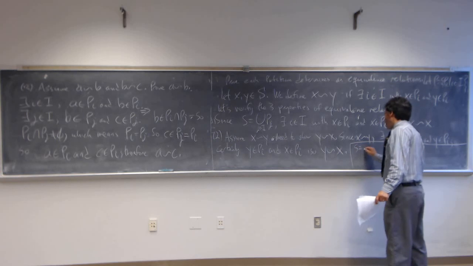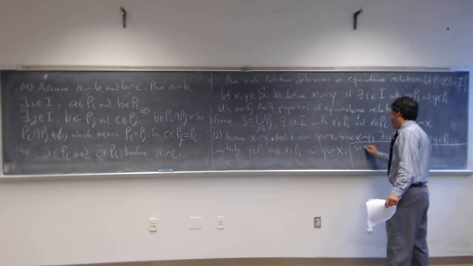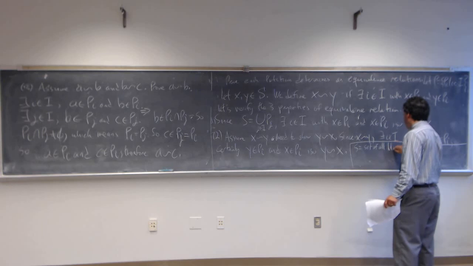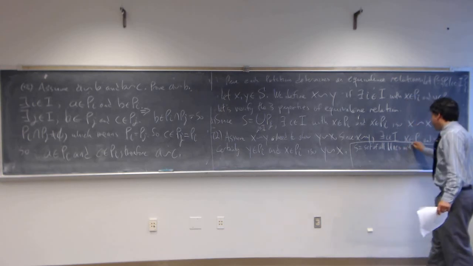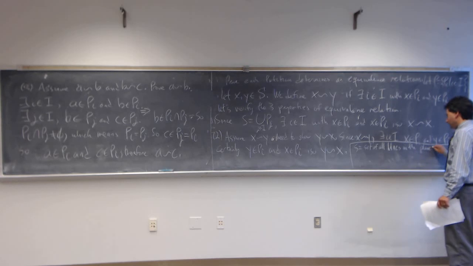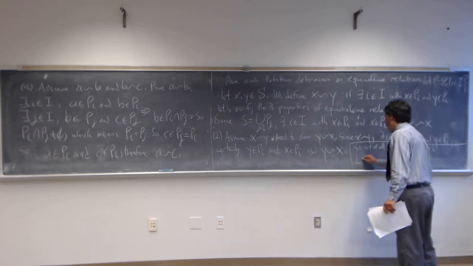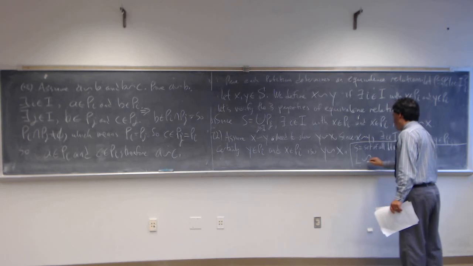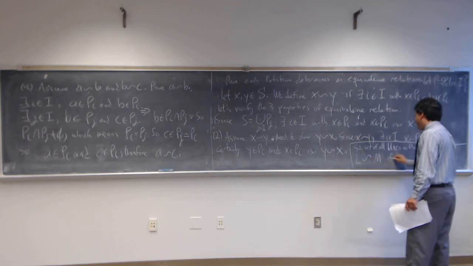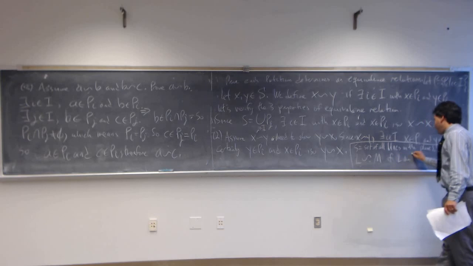Let S be the set of all lines in the plane, and L and M are lines. L is related to M if L and M are parallel.